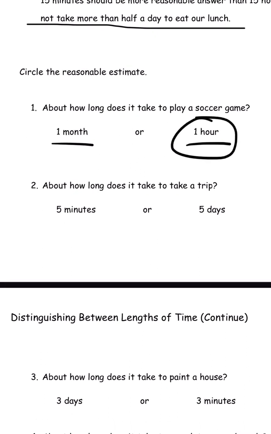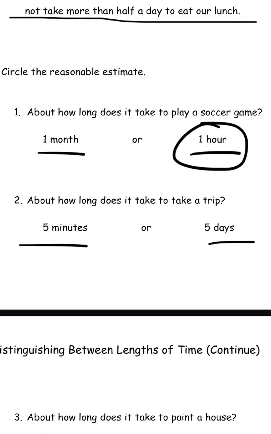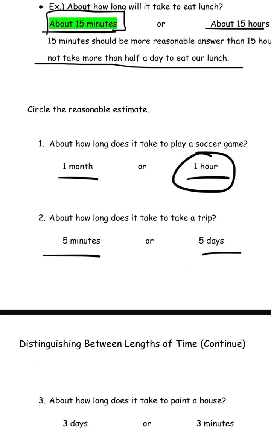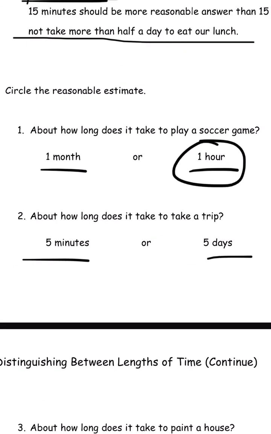Okay, let's look at number 2. About how long does it take to take a trip? It says 5 minutes or 5 days. To take a trip, we would need a few days to get there, have some rest, and then come back, right?